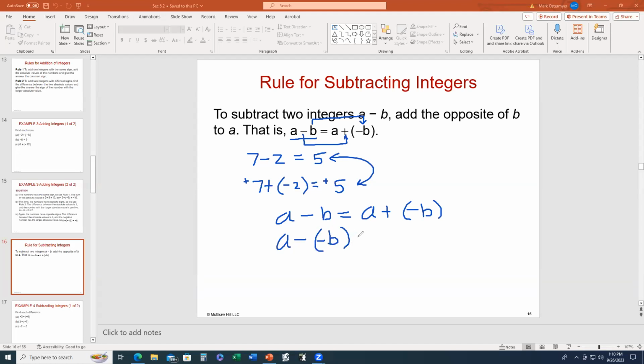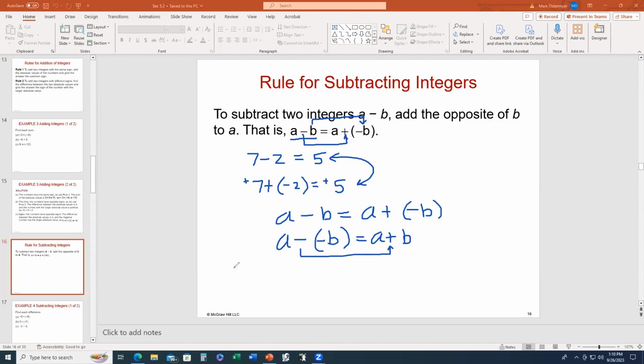Again, we can change subtraction to addition, but we must add the opposite of what's being subtracted. What's the opposite of negative B? Positive B. See this? Subtraction is equivalent to adding the opposite. And if we can memorize this rule, we'll stay out of trouble with our subtractions.